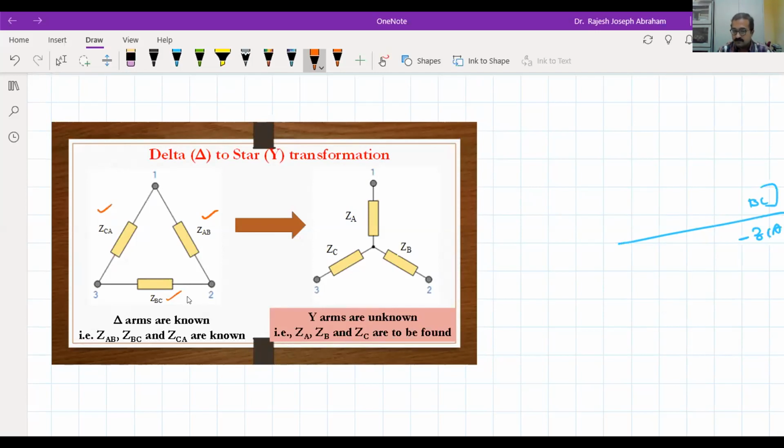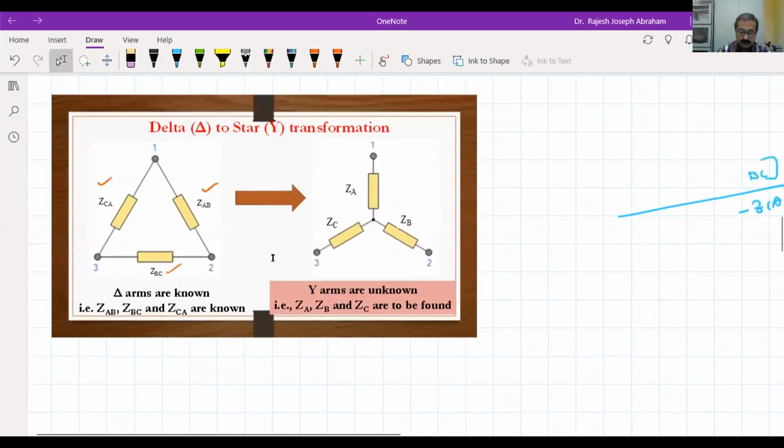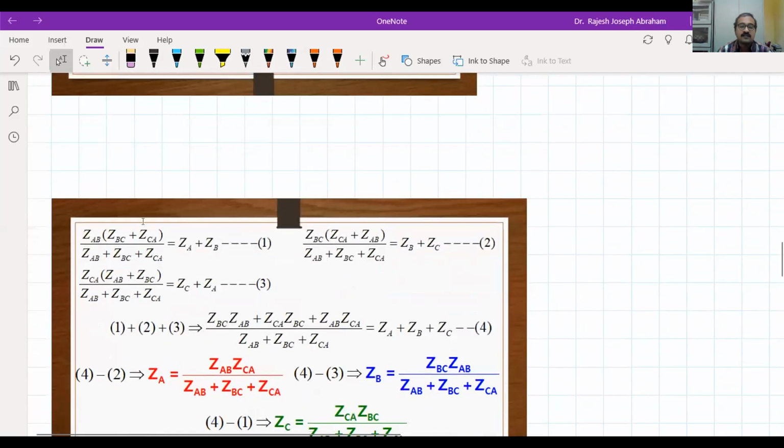How to do that? We had already seen these equations 1, 2, and 3. I have written that here. Now what we have to do is simply add 1 plus 2 plus 3, the corresponding left hand sides and the corresponding right hand sides. When you add, on the left hand side you will get 2 times these product terms: ZAB, ZBC plus ZAB, ZCA, similarly ZBC, ZCA plus ZAB, ZBC.